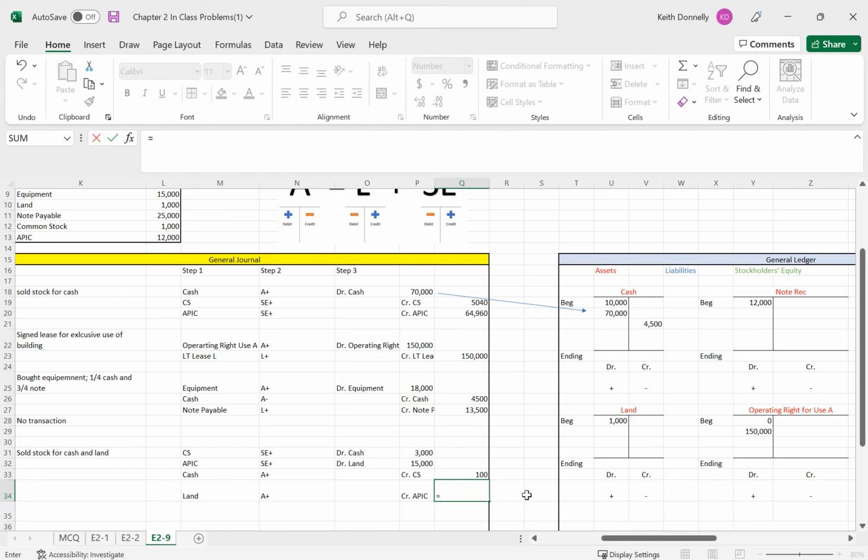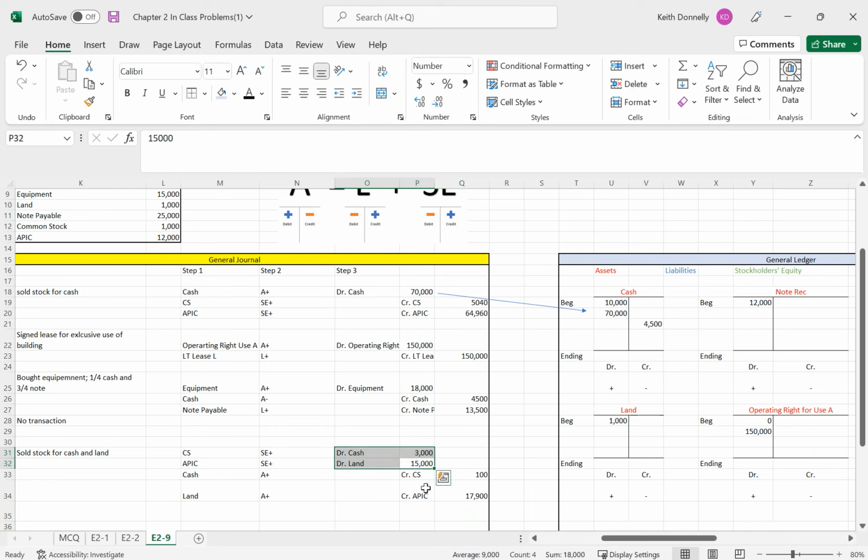So we know, right, if our debits are 18,000, we'd have to just back out that 100 to make our total debits equal our total credits. We could just plug that APIC.